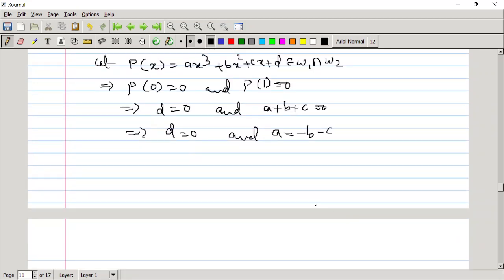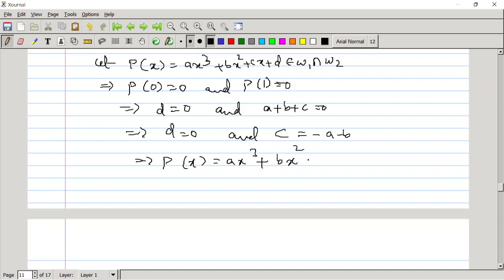That means the general form of the polynomial p of x is as follows. Here let me write c equal to minus a minus b. We can take a equal to minus b minus c also, but this is simpler for calculations, so I'm just taking this.